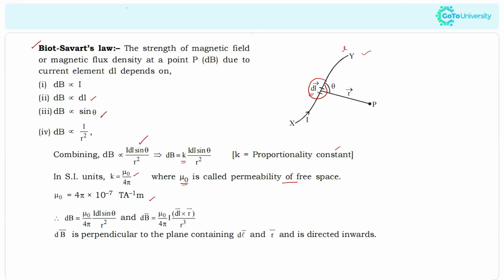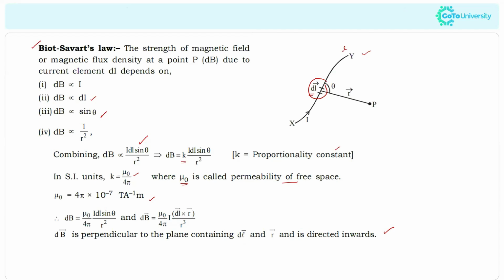In vector form, it can be written as mu naught divided by 4 pi, I times dl cross r, divided by r cubed. So dB is perpendicular to the plane containing dl and r, and it's directed inwards. So this is all about the Biot-Savart law.